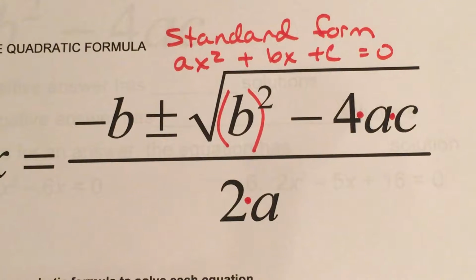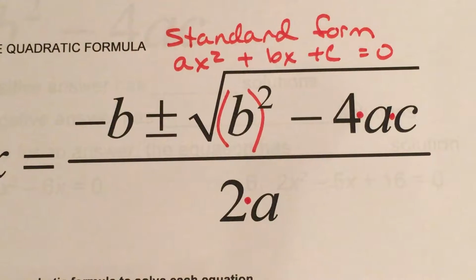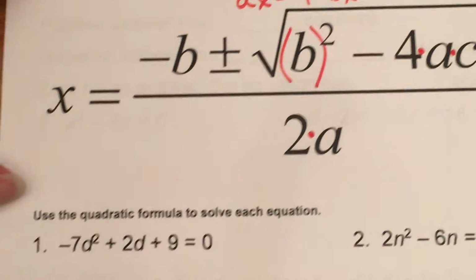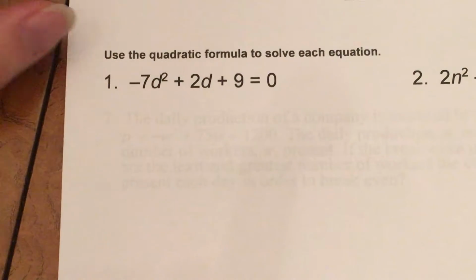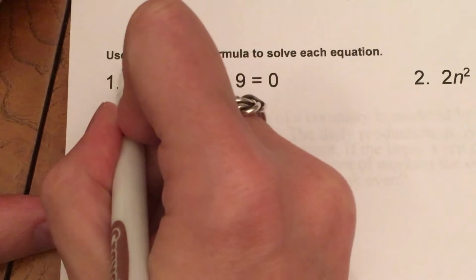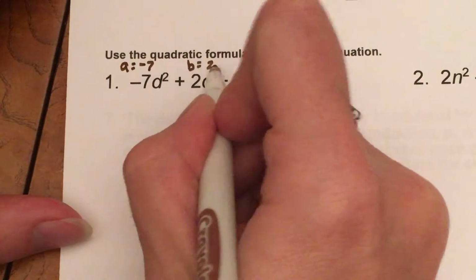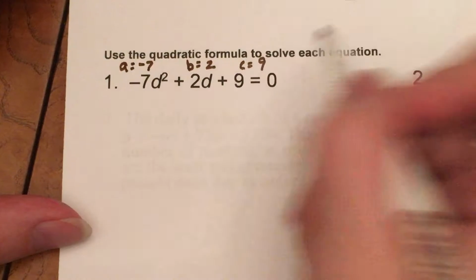So let's go look at problem number 1 together and see how to do this. So in problem number 1, we have an A, B, and a C. So A equals -7, B equals 2, C equals 9.